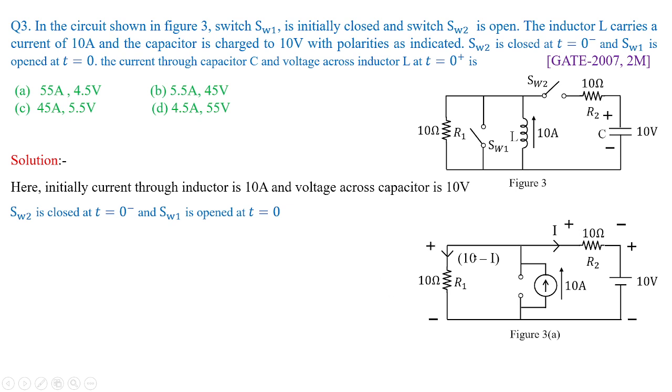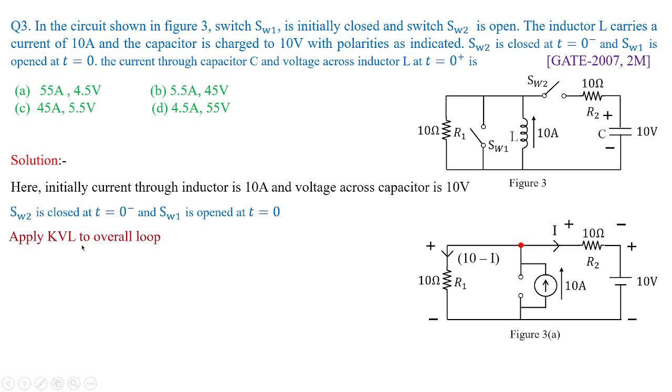Similarly, if current 10 minus I is flowing through 10 ohms in R1, this is how the voltage will get developed across R1. Right? Now, assuming a node over here, I have applied KCL to obtain the unknown currents I and 10 minus I.